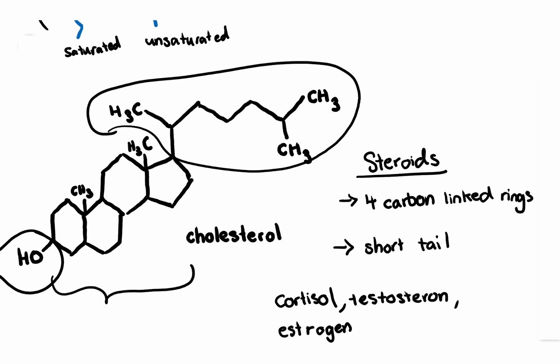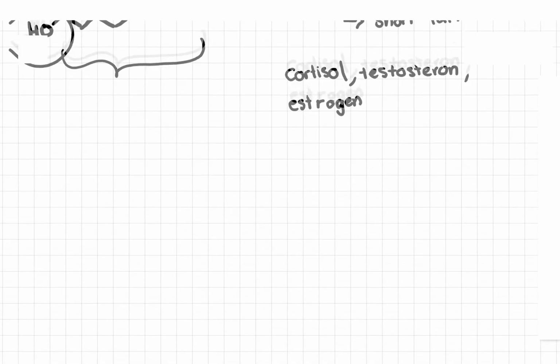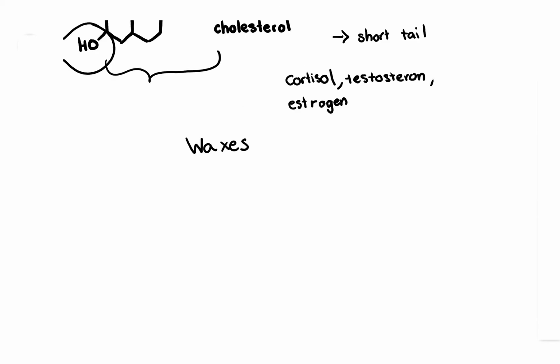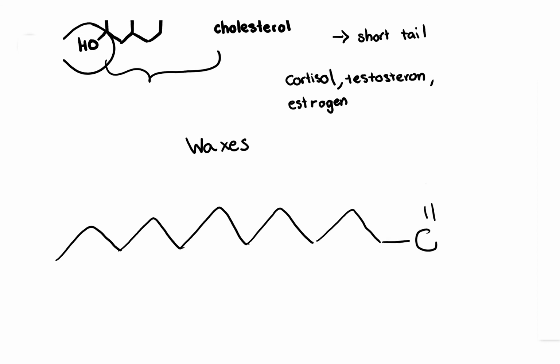Our final classification of lipids are waxes. Now, waxes are simple. They're simply long chains of these hydrocarbons attached to an acid. So you have your acid and your hydrocarbon.